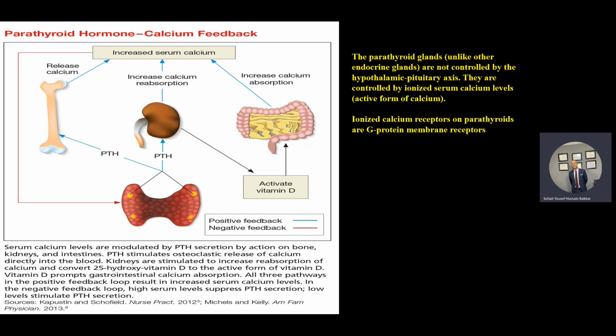Again, in this figure, we have emphasized that the parathyroid glands are unlike other endocrine glands. They are not controlled by the hypothalamic-pituitary axis. They are only controlled by the active form of calcium, which is the ionized serum calcium level.